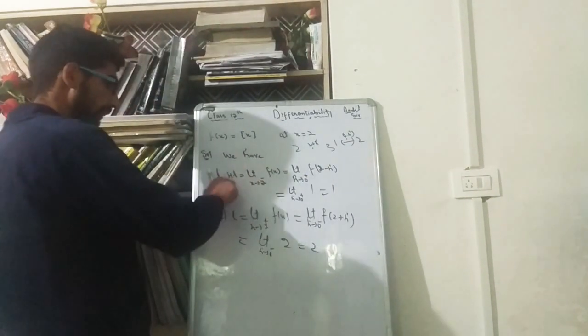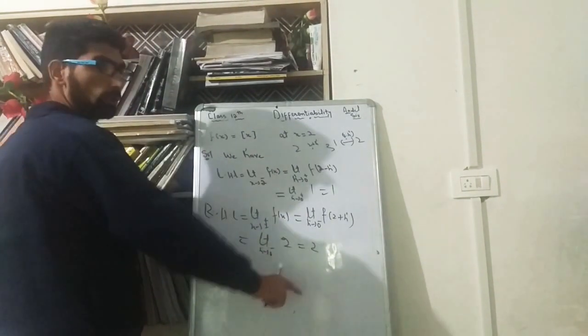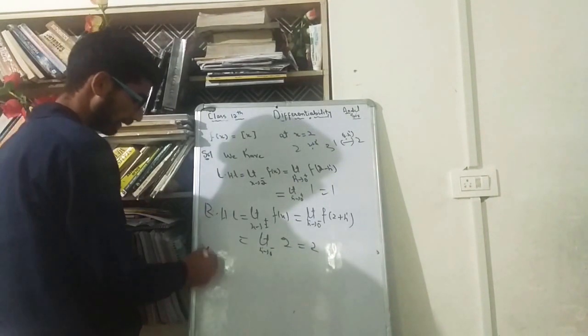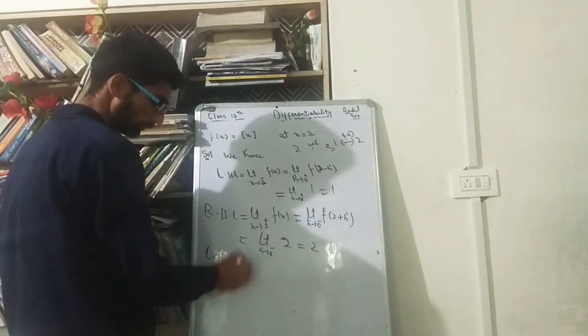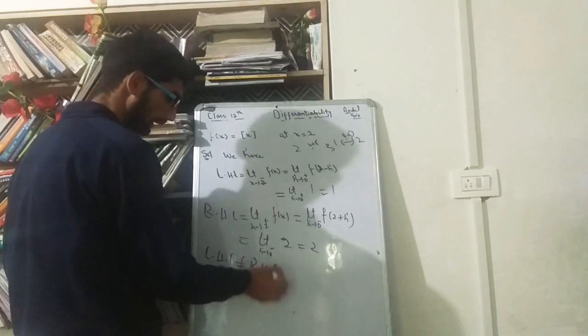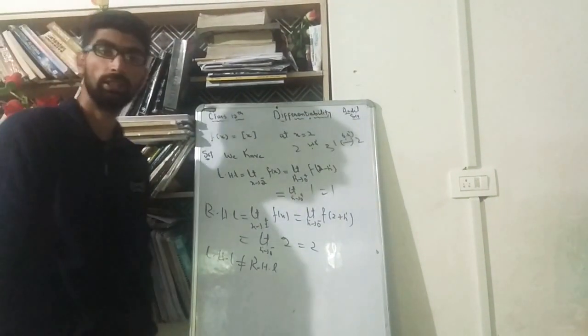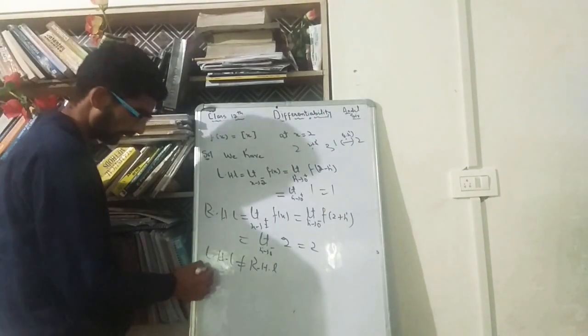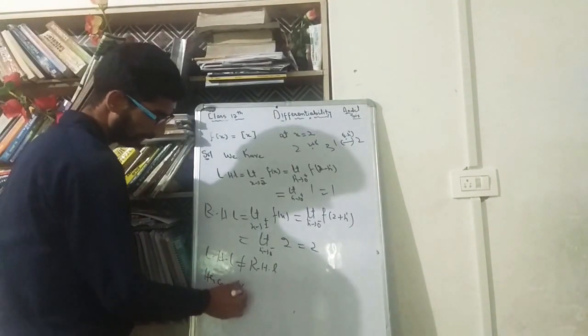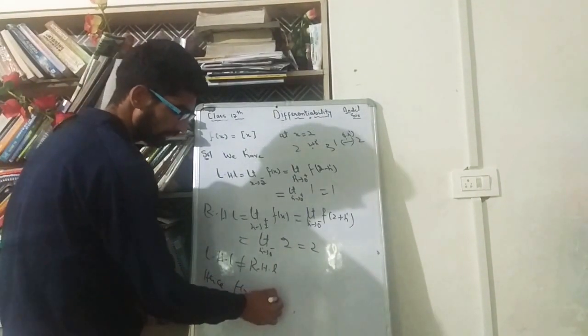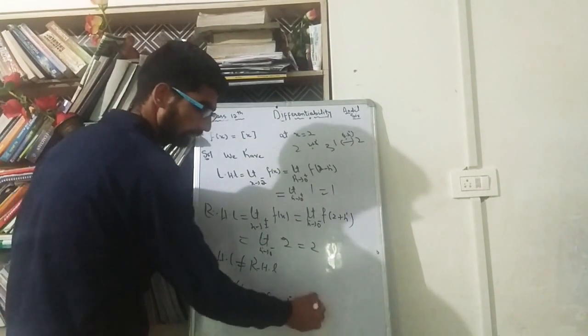Hence we have the left hand limit equal to 1 and the right hand limit equal to 2. That means they are not equal. When the left hand limit is not equal to the right hand limit, we know that the function is not continuous. So f of x equal to the greatest integer of x is not continuous.